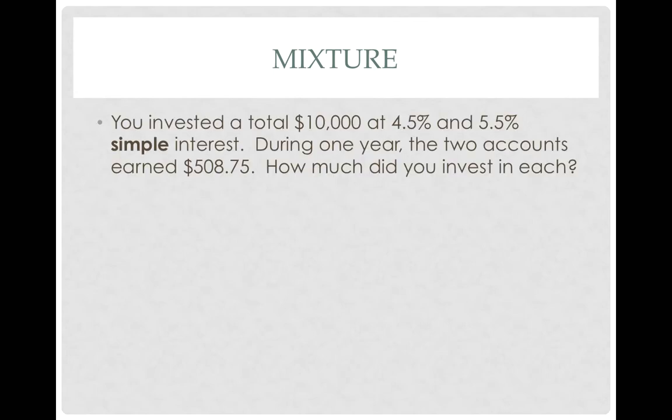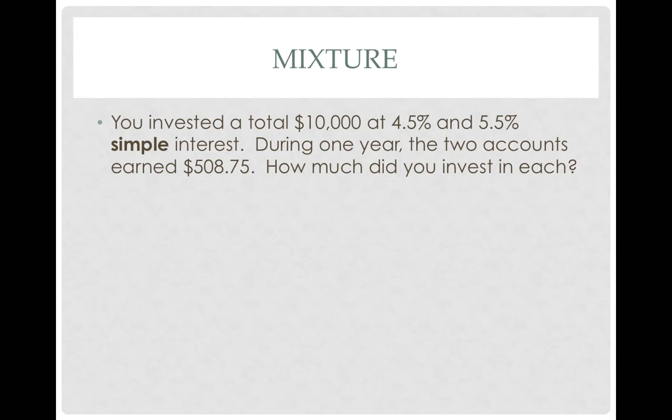Okay, we have this other type of problem, a mixture of two different things kind of problem. You're investing a total of $10,000 at two different interest rates. And during 1 year, the two accounts earned $508.75. How much did you invest in each?